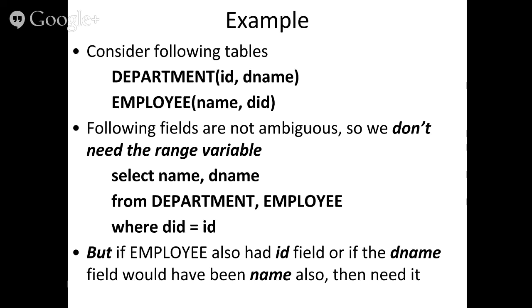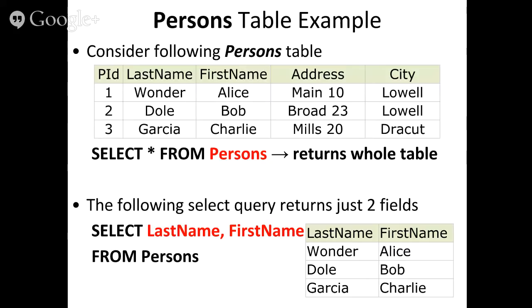But we could have had employee, instead of name comma DID, be name comma ID. Or even the department, instead of ID, it could have been DID. And then when we're going to join them, when we list both tables, there would be two DIDs, and we would have to disambiguate them by putting the alias in front of the names. And we haven't looked at where just yet, but you see where we're going.